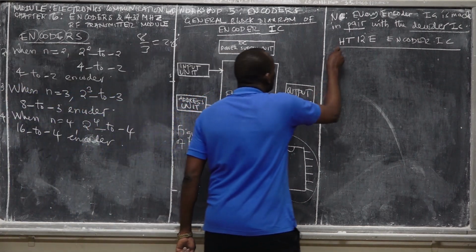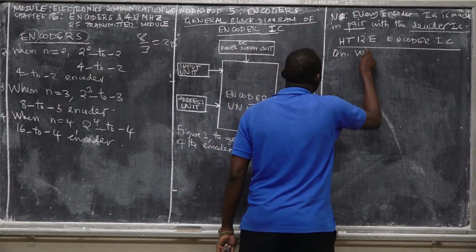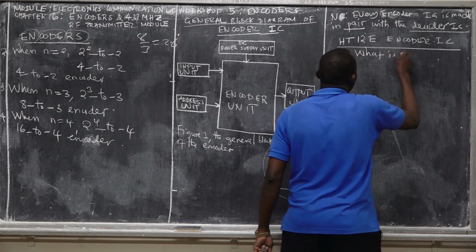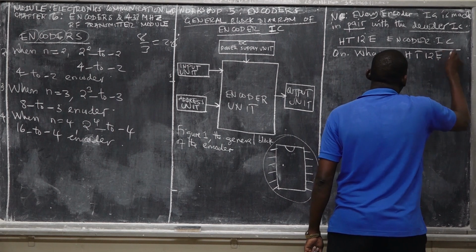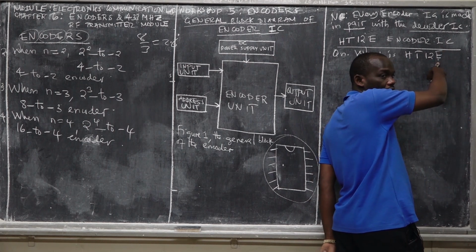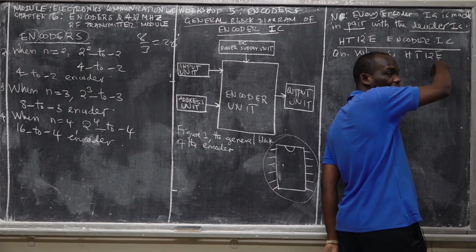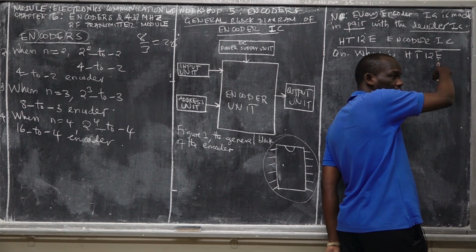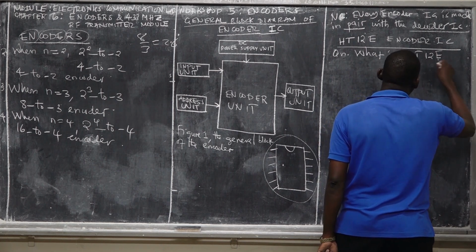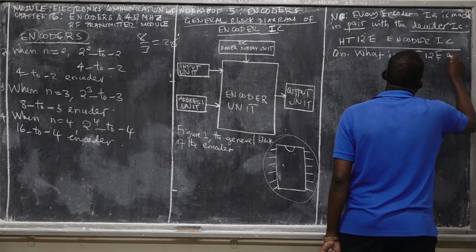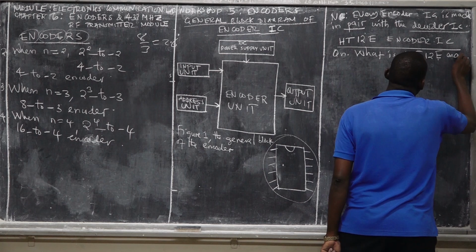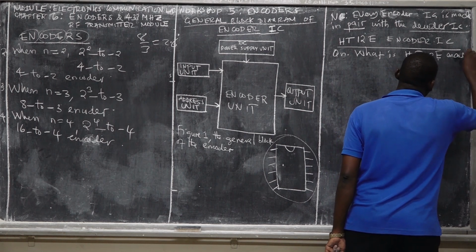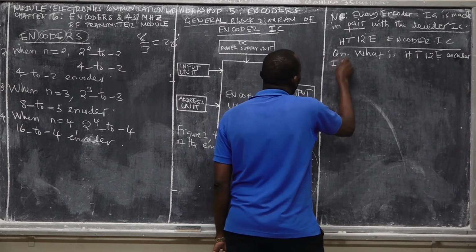Okay, good. What is HT12E? E stands for encoder. E is the first letter of the word encoder. So HT12E encoder IC.